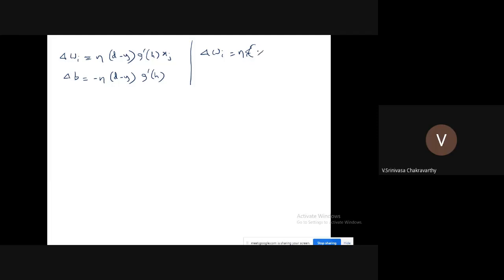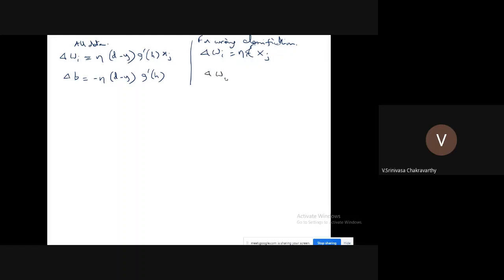So here we have xj. So this we do only in case of wrong classification, right? So here we do this for all data, and when the classification is correct, that is when d is equal to y, then there is no update. So that becomes a special case. Whereas here we update with this learning rule only when x is misclassified.